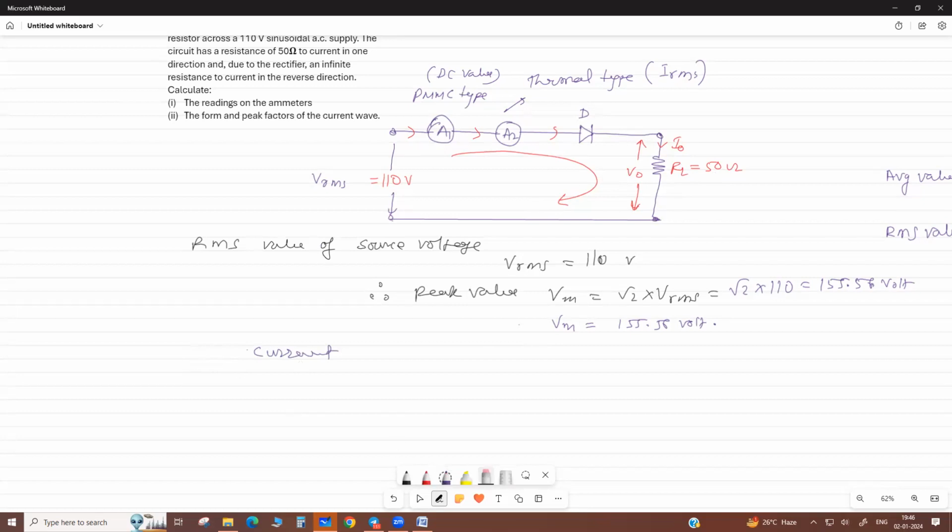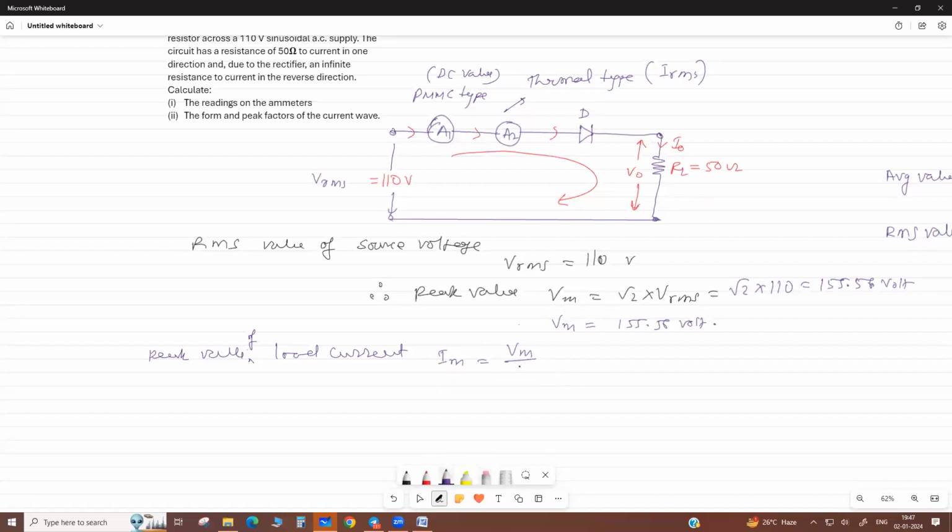If you take the peak value of voltage, then we can calculate the peak value of load current flowing through the circuit. So Im equals Vm by total resistance. Sometimes the diode has a resistance, and then we add it, but here it is not given.